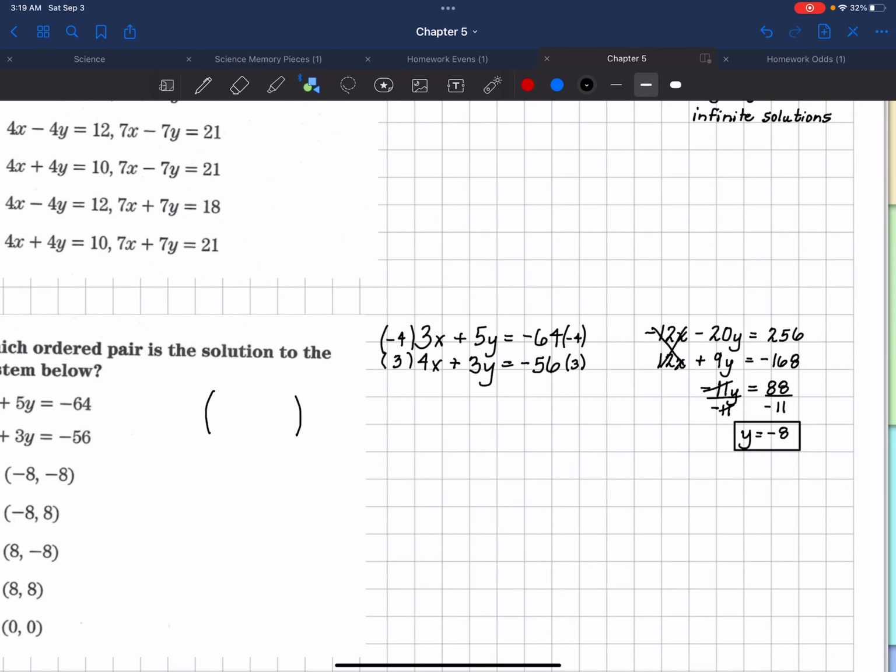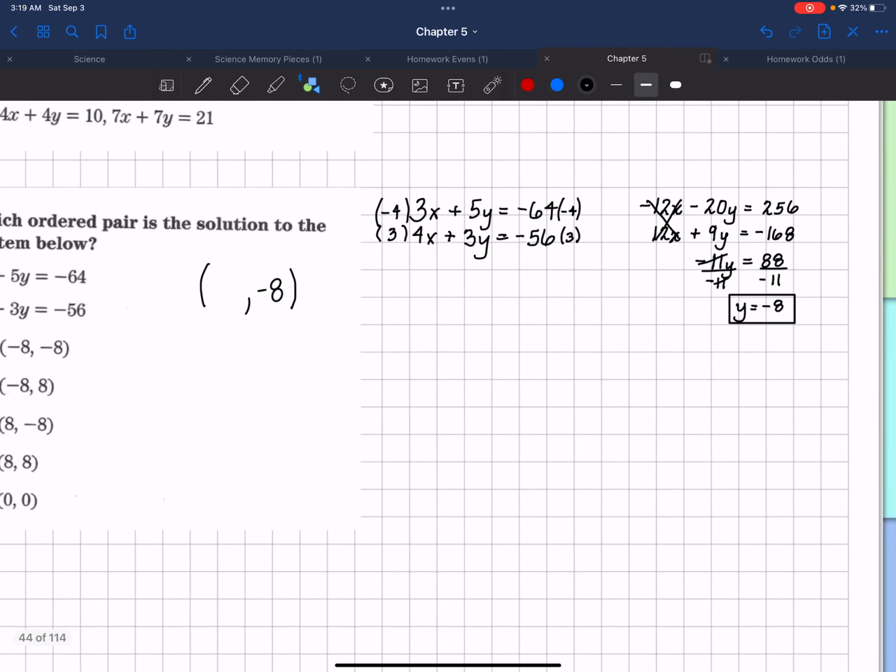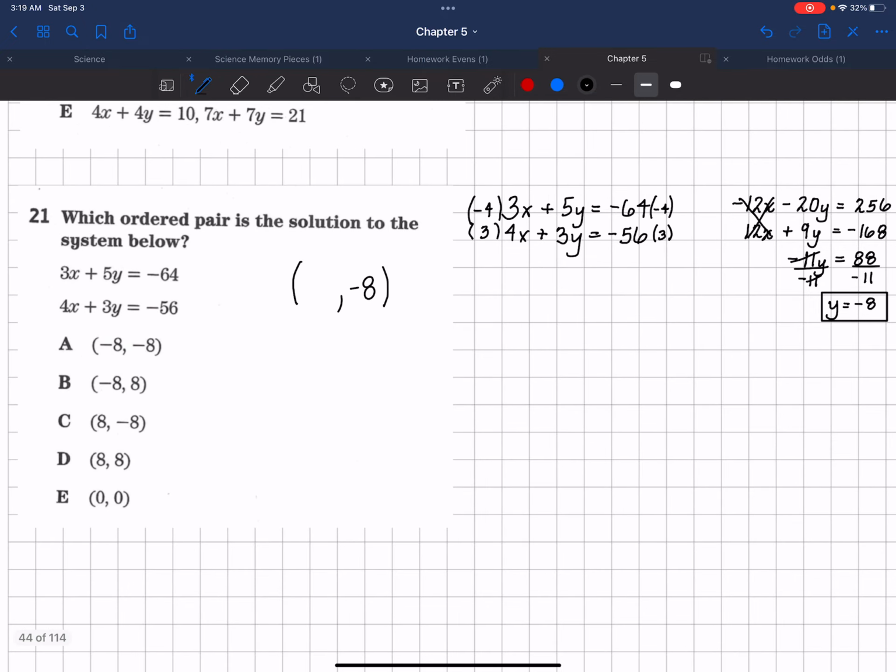So that's the y coordinate. And then I need to figure out the x coordinate. So using one of the equations, and I will change colors to do it, I have 3x plus 5y is negative 64. And we're saying that y is negative 8. So go ahead and plug that in.